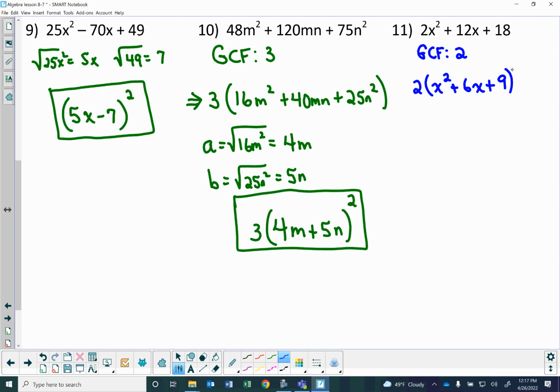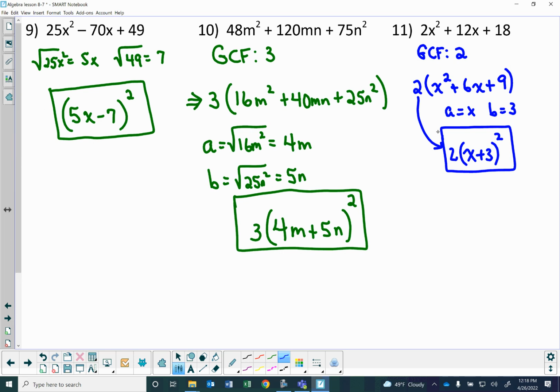Now my first term is a perfect square, and my last term is a perfect square. So that fits into the perfect square trinomial. My a term is x, my b term is 3. So I will have x plus 3 quantity squared. And don't forget, we had to take out that 2, so don't forget the greatest common factor of 2 that comes in front of that x plus 3 quantity squared.